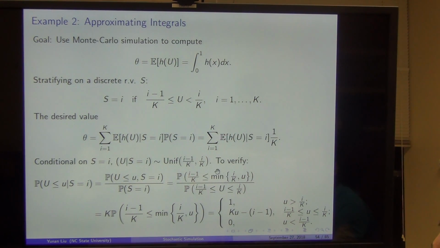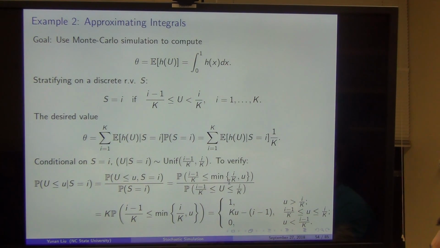And this is a typo here. It should be big U greater than this, less than that. Because this is saying big U is less than small u, and this is saying big U is greater than this, less than this. So combining the two conditions, it should be big U greater than the lower bound, less than the minimum of small u and the upper bound.